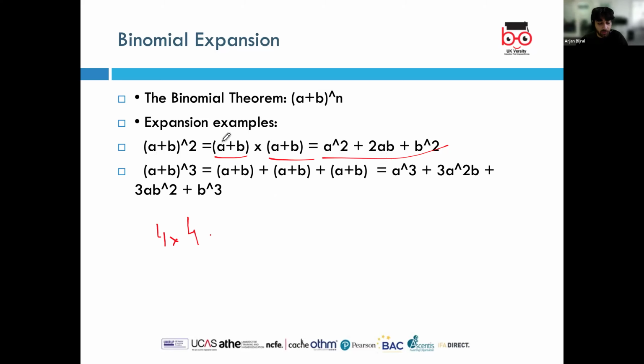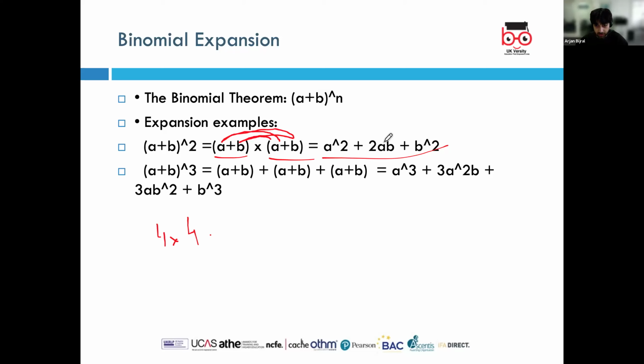How I was taught to expand these is you have to times each thing by each other. So you do A times A, and that would be A squared.